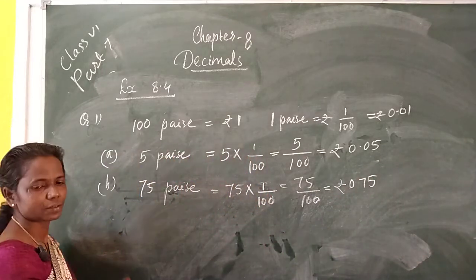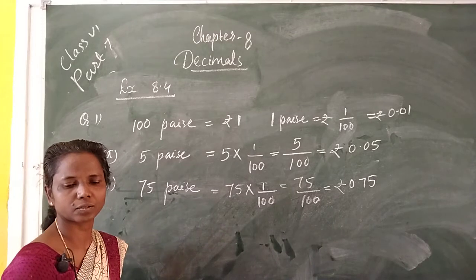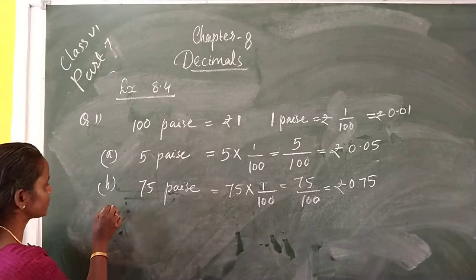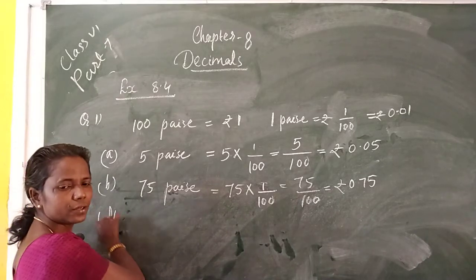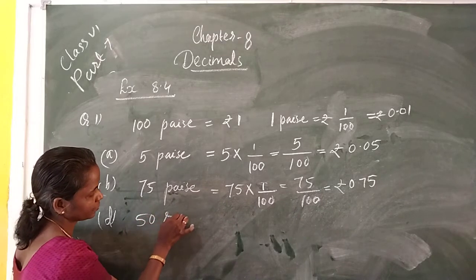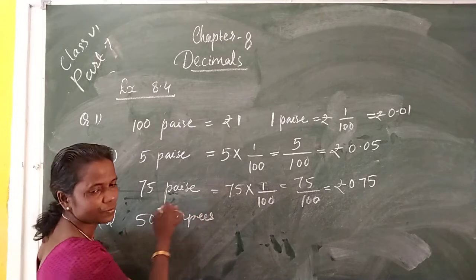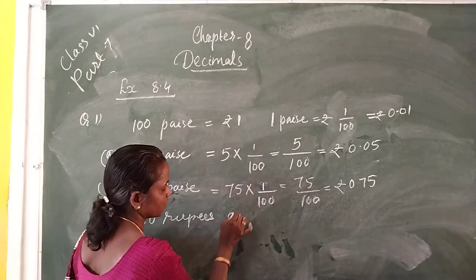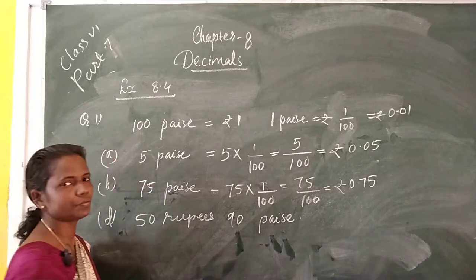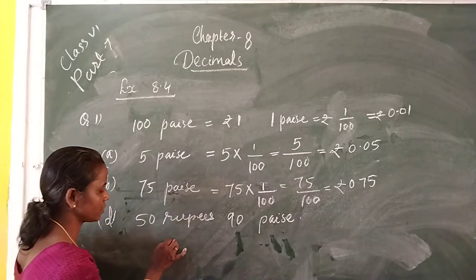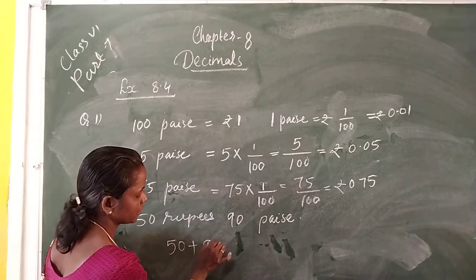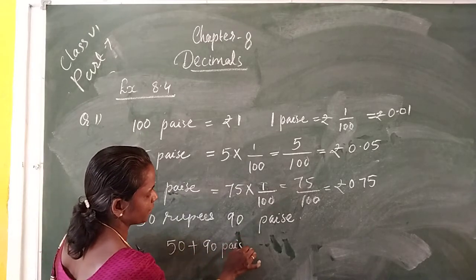The next question, question number D. Look, 50 rupees 90 paisa. Then 50 rupees 90 paisa we can write 50 plus 90 paisa.